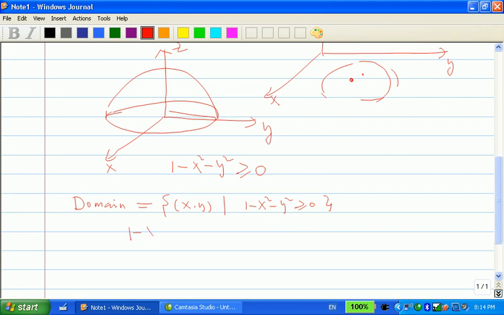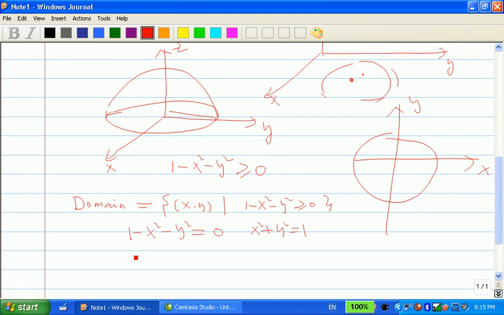Let me rewrite this: 1 minus x squared minus y squared, and just take an equal sign first. What is this? All the (x, y) that satisfy this equation. Let me rearrange this: x squared plus y squared equal to 1. Therefore, this gives you a circle.